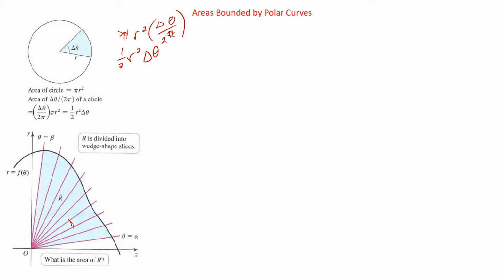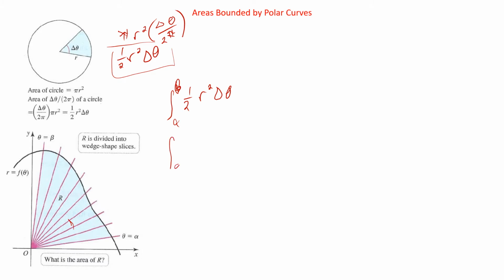We would write it more as the antiderivative. It's going to be the antiderivative from a to b, or I guess in this case it would be from alpha to beta of this, the 1/2 r squared delta theta, but we want to have the same variable, so we wouldn't have r, but remember r equals some function relative to theta.